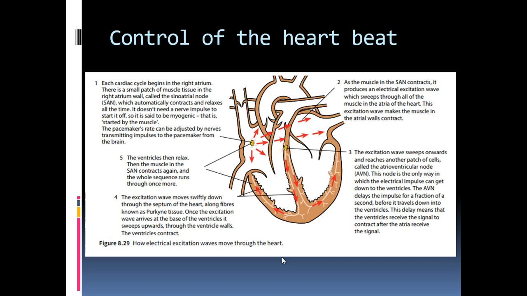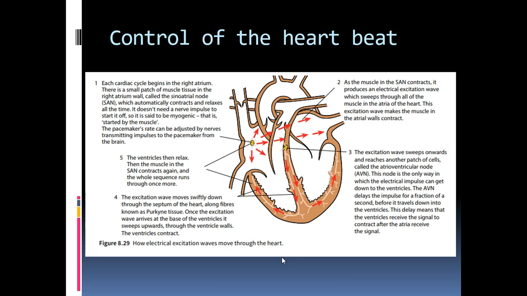Even though the heart muscle can contract on its own, it still needs to be regulated, right? Because we want the heart to contract and relax in the correct sequence, which is the atria first before the ventricle. So the contraction of the heart muscle still needs to be regulated.